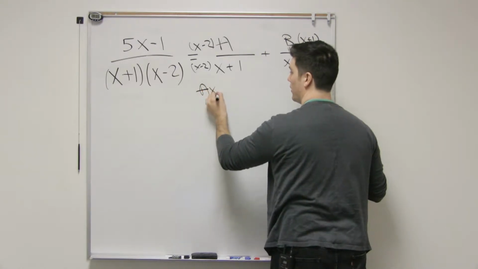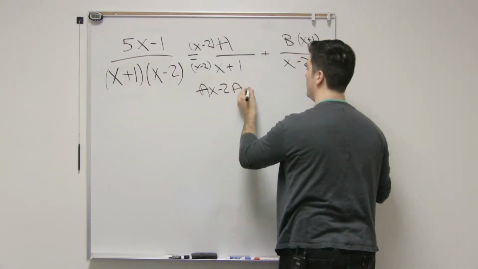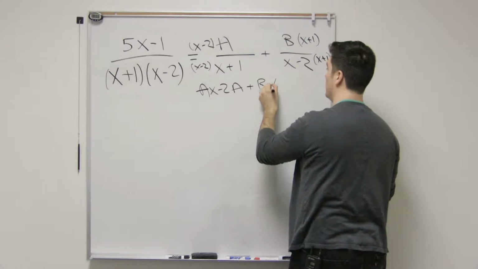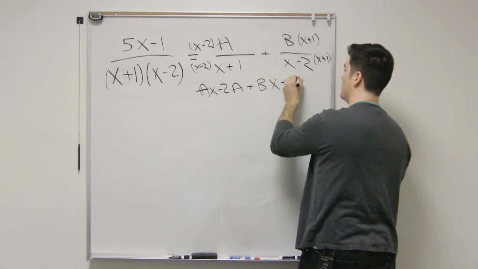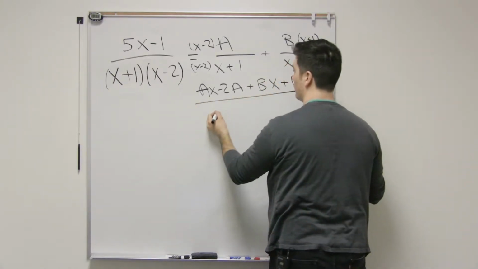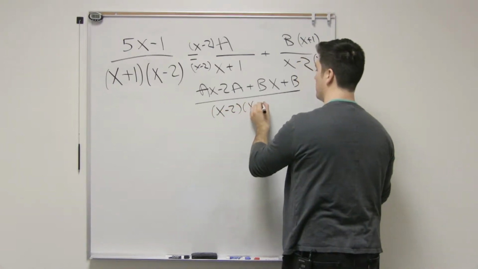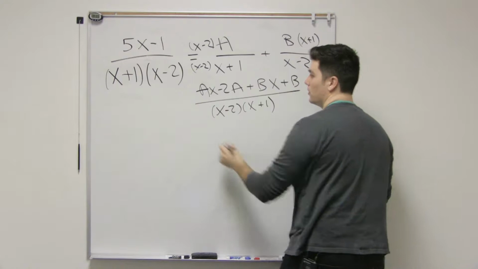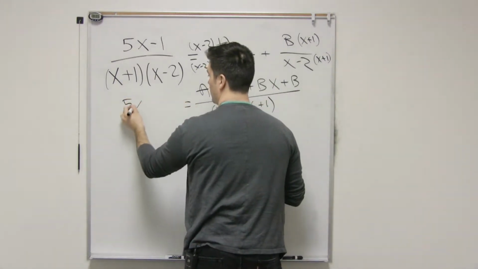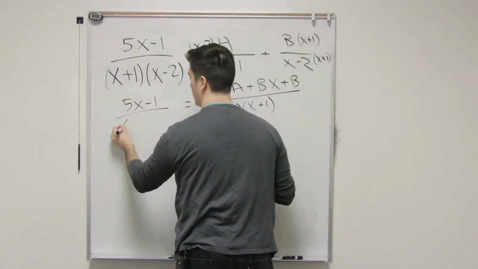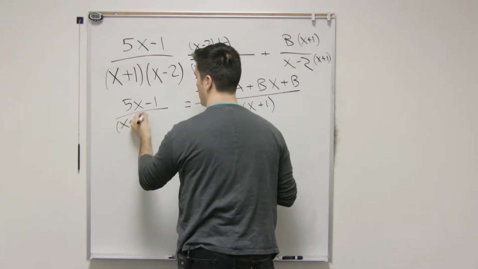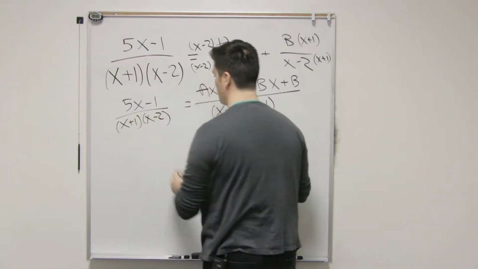Get ax minus 2a plus bx plus b all over x minus 2, x plus 1. That's all set equal to 5x minus 1 over x plus 1, x minus 2.